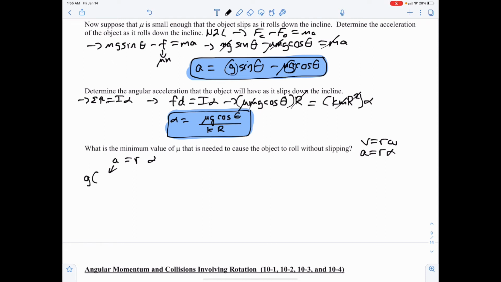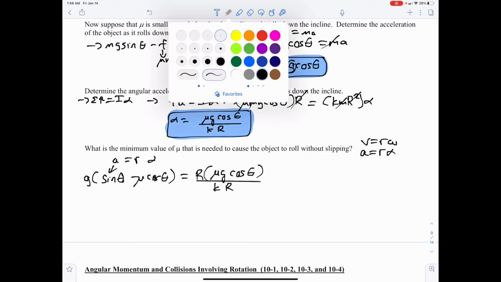So G times the quantity of sine theta minus mu cosine theta equals R times alpha, which we just saw was mu G times cosine theta all over K times R. And a lot of stuff's going to cancel here.